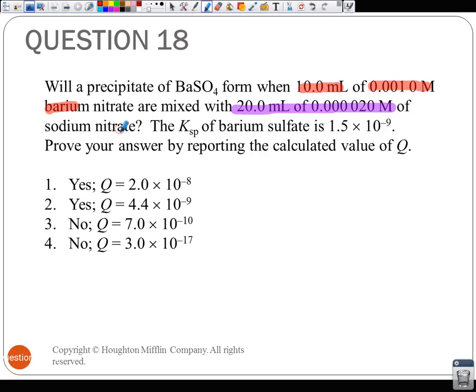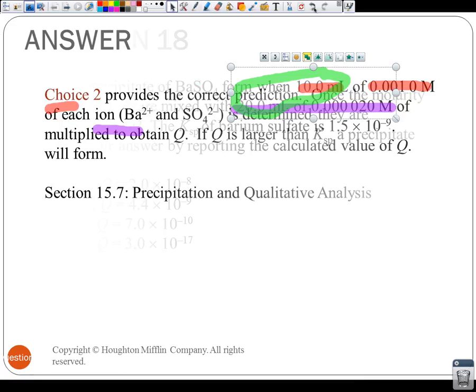Do you see what I'm saying? So you have to have the right ions present to make it happen. You have to have enough of the barium and enough of the sulfate that when they get mixed, they would form. Exactly. But if you look at the formula, there's no sulfate anywhere in either one of those two. And up here it says, will a precipitate of barium sulfate form? But the problem is, when you mix two things, you have to deal with the volume additives. So you have to calculate a new concentration. And it's very intuitive in terms of steps. But we'll go through that later.